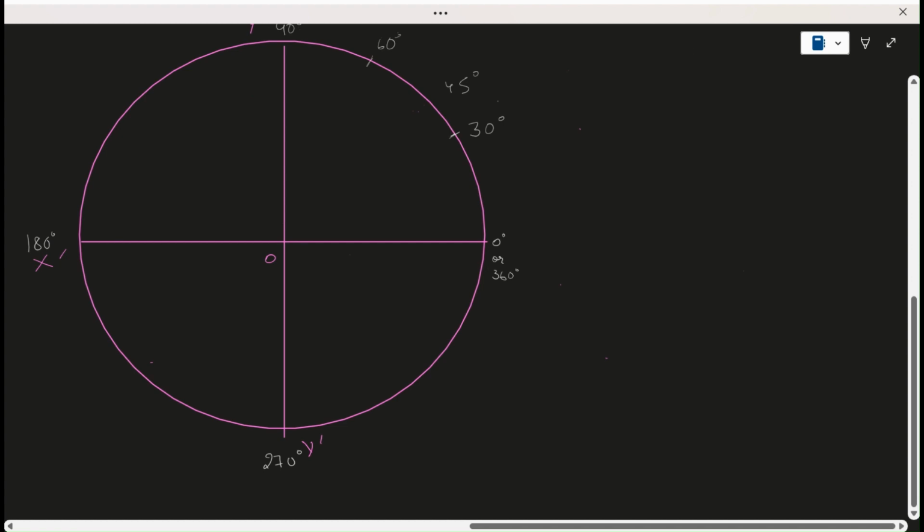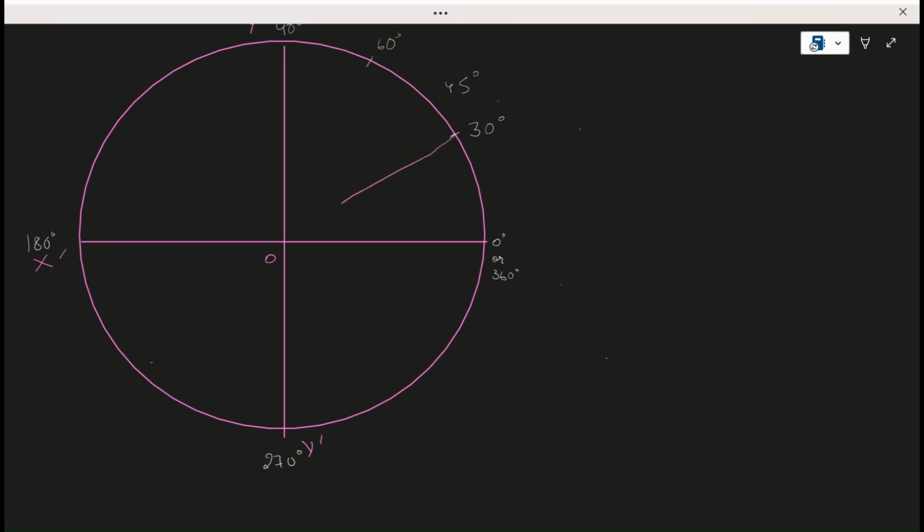Okay, now let me draw this particular angle at 30 degree. So this will be our 30 degree.